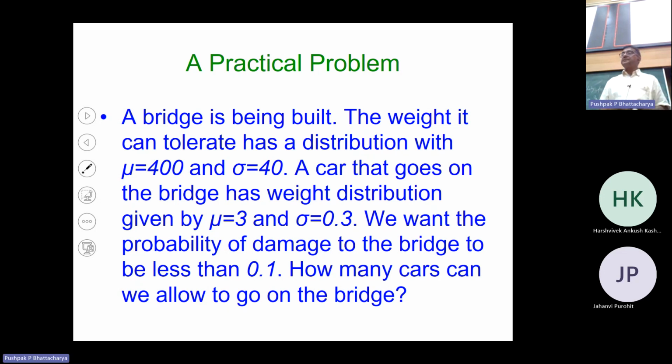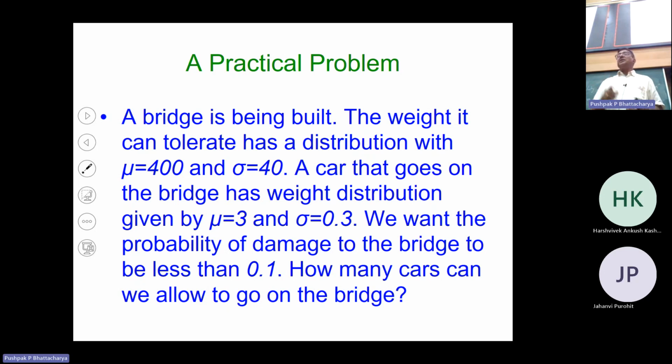This is the situation now. We want the probability of damage to the bridge to be less than 0.1. I would have actually omitted this sentence and just thrown the question. The question in front of the city authorities is how many cars can we allow on the bridge?